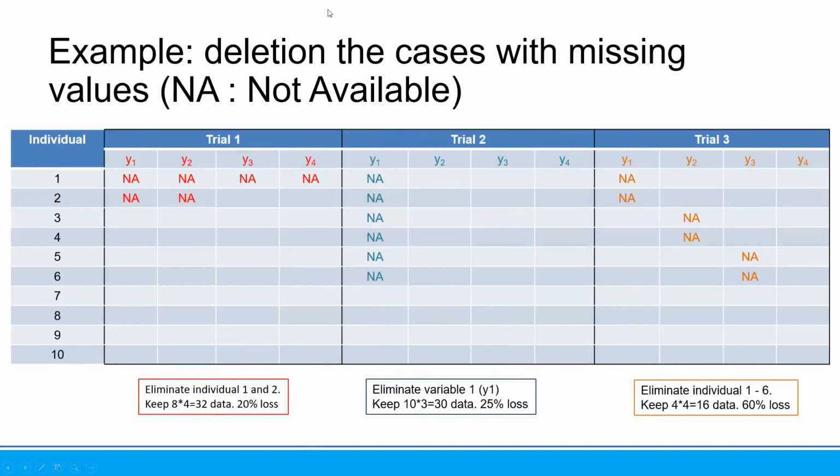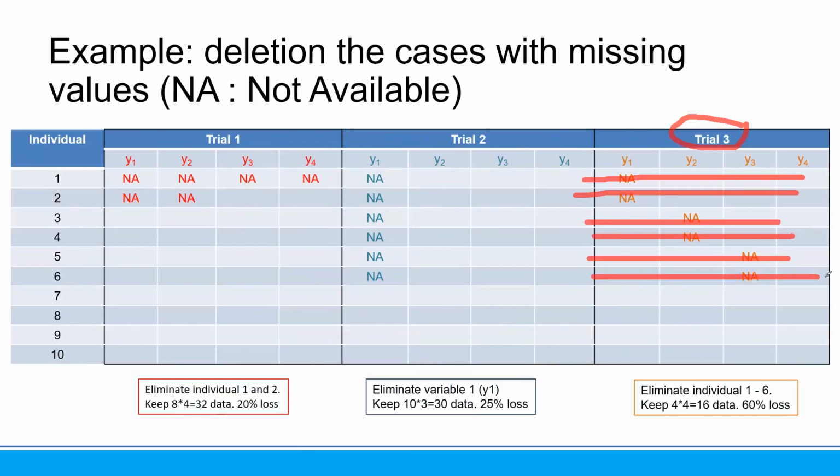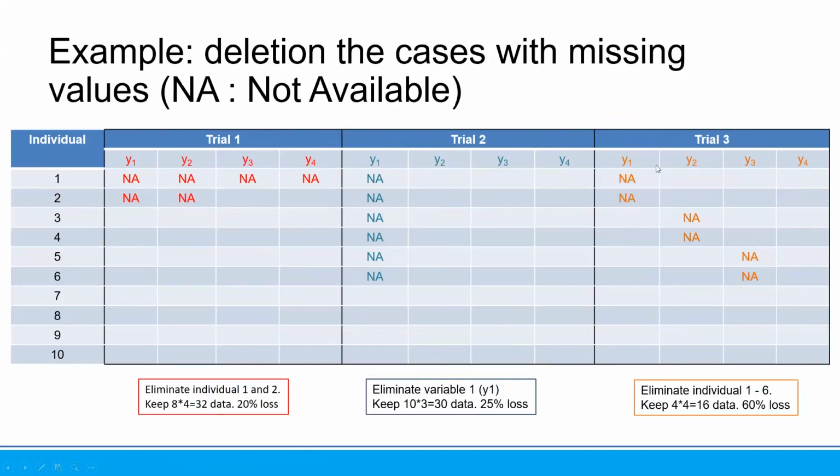Now, we have trial 3. What happened with this one? If you want to remove the rows, then you will remove 6 rows and keep only the remaining. Then you will have 4 multiplied by 4, which is 16 data. How about if I delete the column?